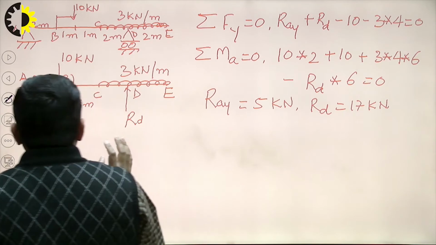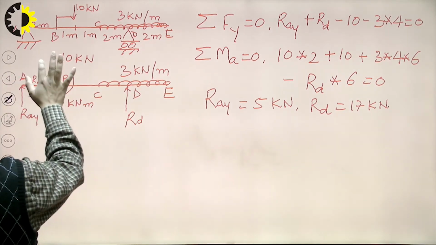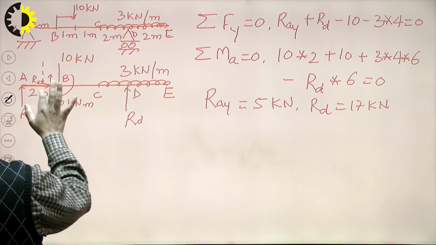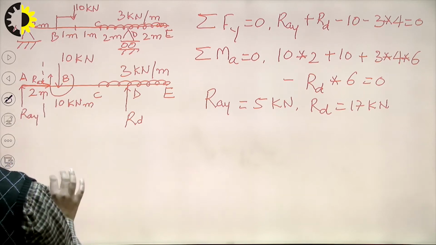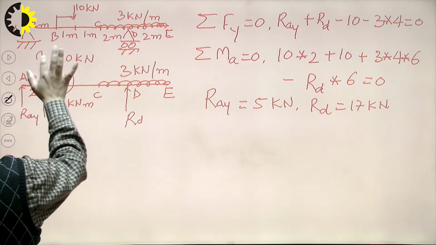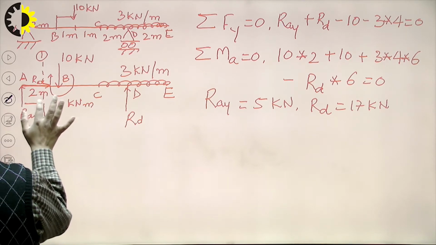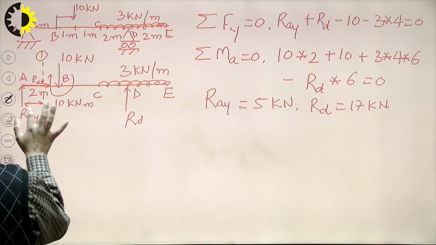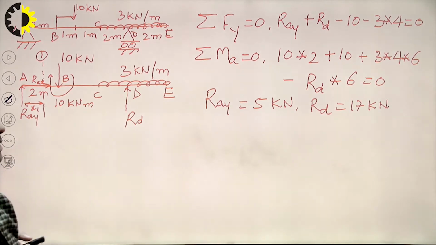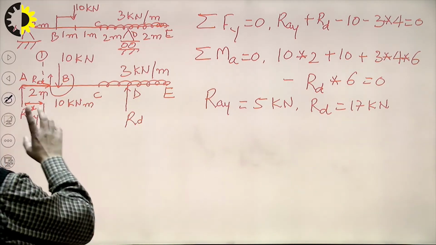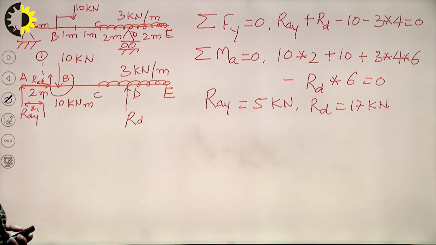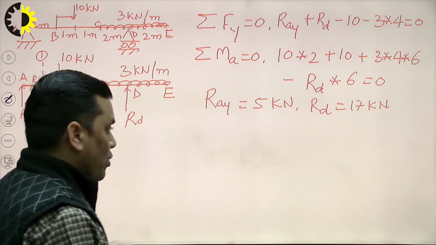So first I am making an arbitrary section plane at this point. I am naming it as 1. The distance of this plane from point A is x1. So by the definition of shear force, we can write the equation of shear force.